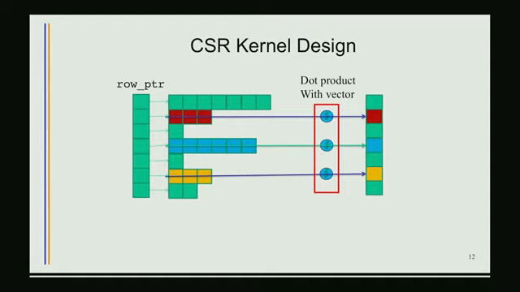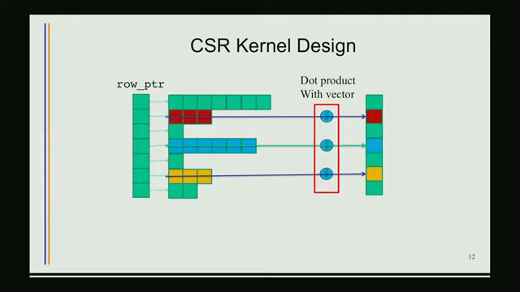All right, so again, coming back to our example, ultimately we have a bunch of these threads. We've got the red thread, or the top thread, reading the red row, calculating the red element of y.